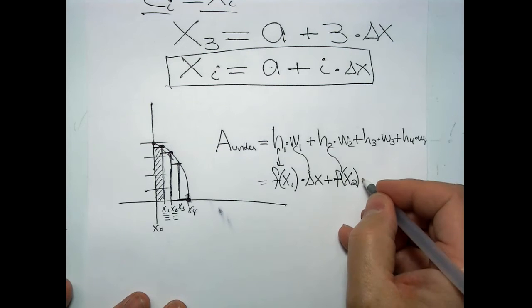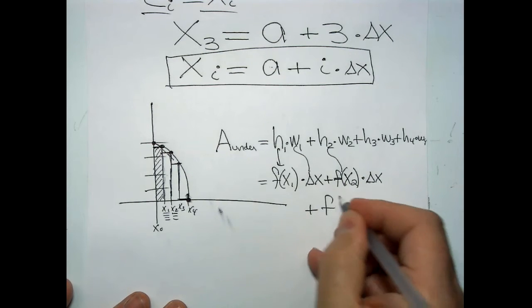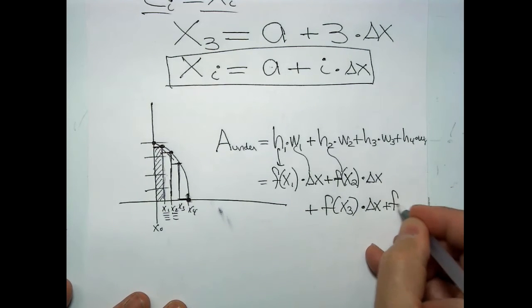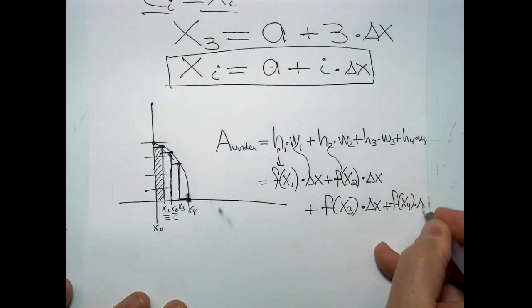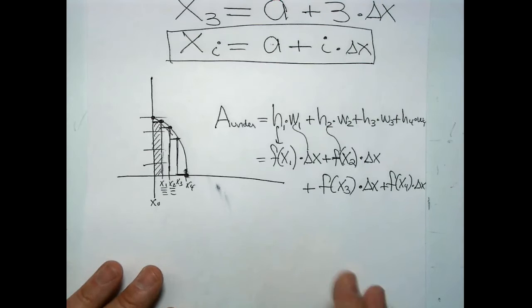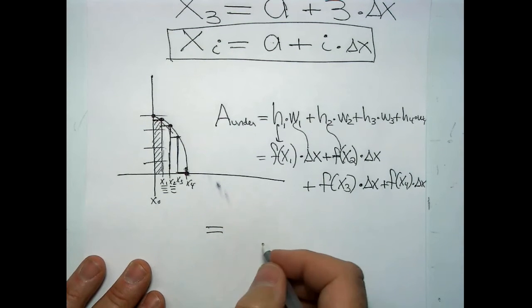So it's the f of x2 times delta x, plus the f of x3 times delta x, plus the f of x4 times delta x. So really, I'm adding heights and widths together. We can use a sigma right here.